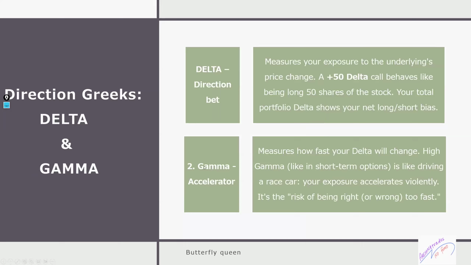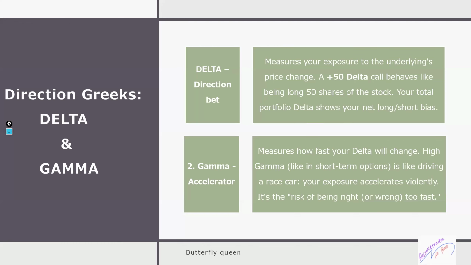Okay. So because of that, you need to know the Greeks. What are the different Greeks? So let's talk about the directional Greeks, which are delta and gamma, right? Delta, if you know, it's the directional bet. It measures your exposure to the underlying price change. So if it's a 50 delta call, it behaves as though you have 50 long shares.